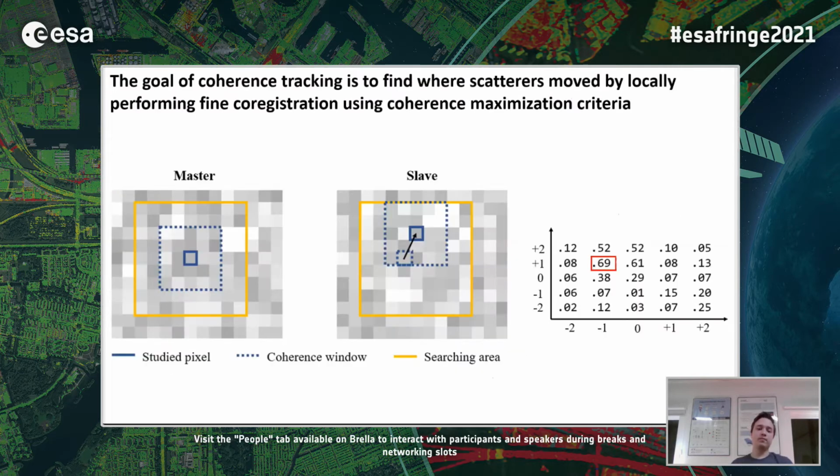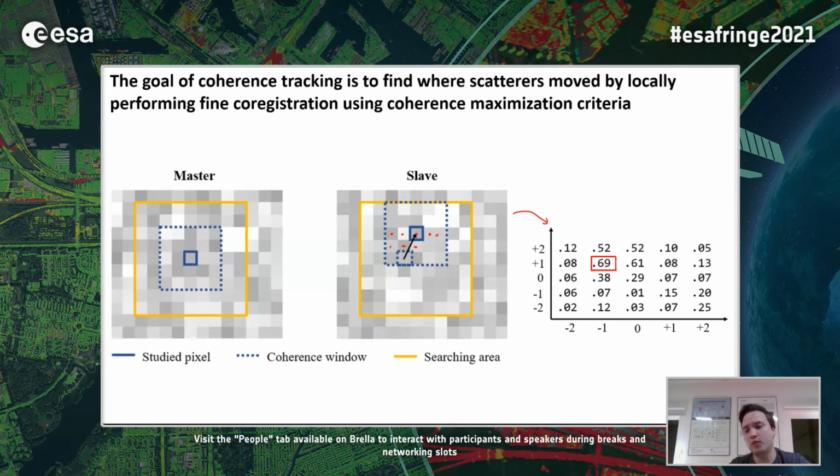In 2D, you can see it as a way to look at every position in the master image. You define a searching area, and then inside the searching area, we compute for each possible translation a complex correlation that you put in a matrix, and then you find the best candidate which maximizes this complex correlation.